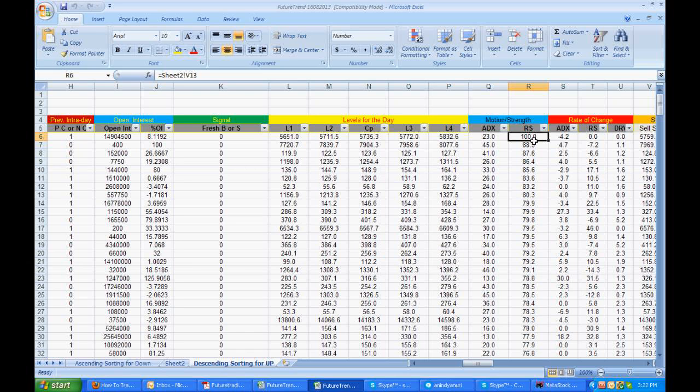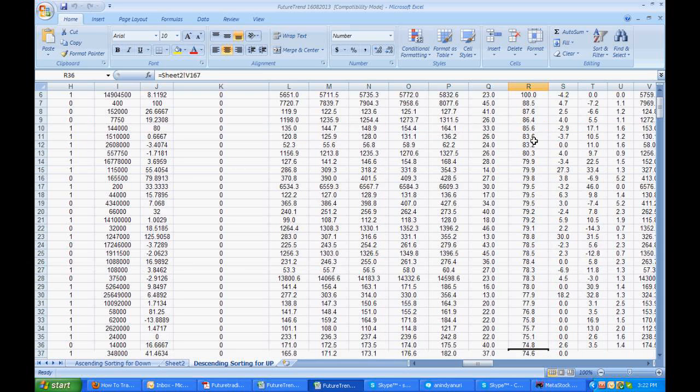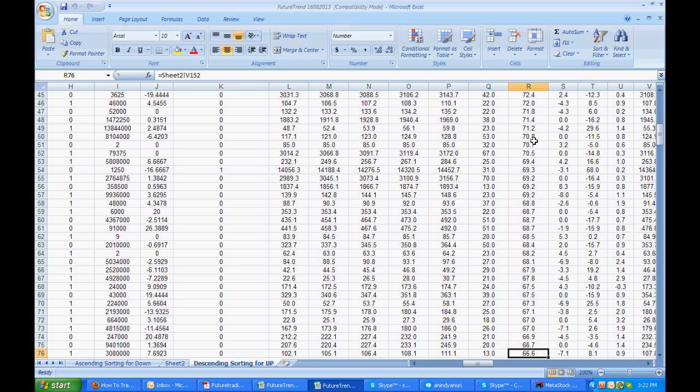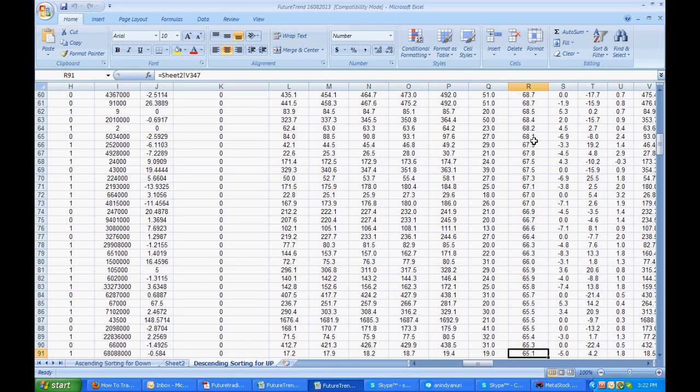And all are sorted, like 87, 80, 85, 83, and as we go down, 78, 60. These are all sorted on the basis of relative strength. The entire sheet is sorted in descending order, from highest to lowest. So this is the column where it is. When we are looking at a market like this, 10.9 is showing the relative strength.